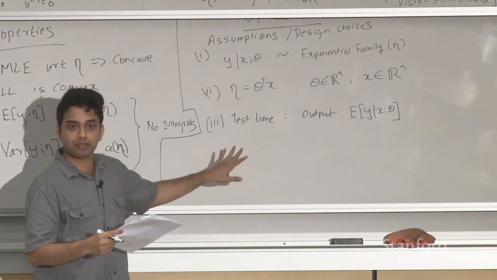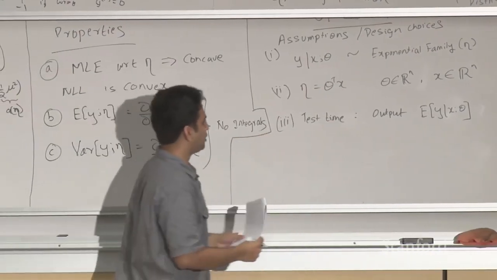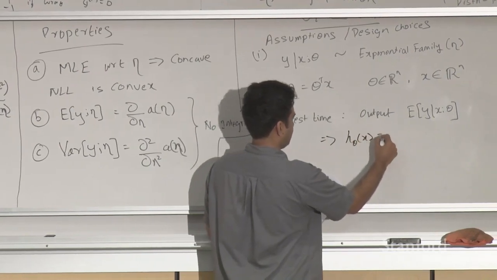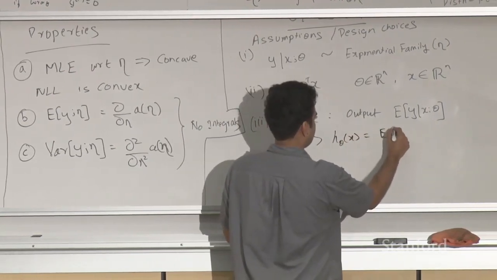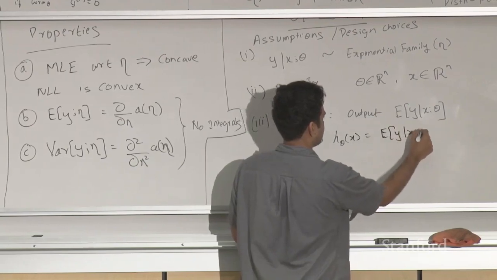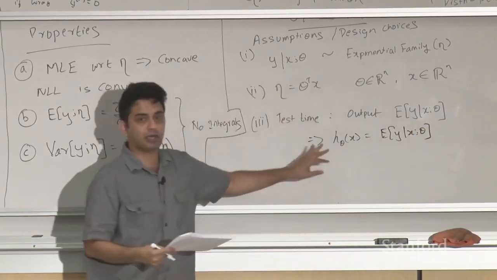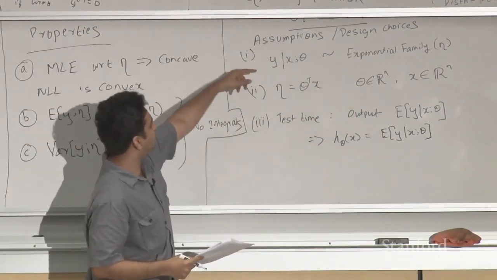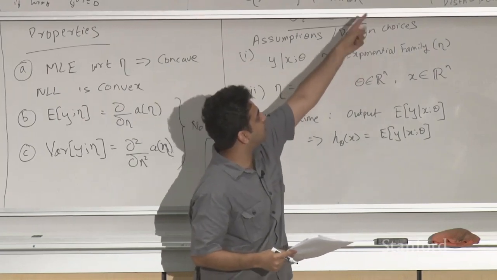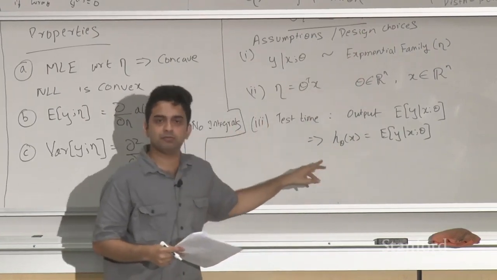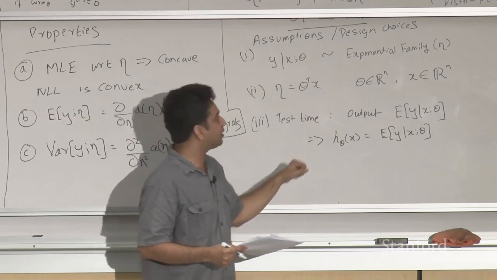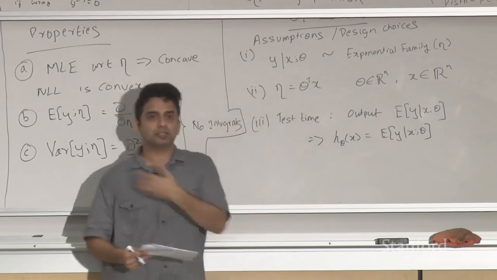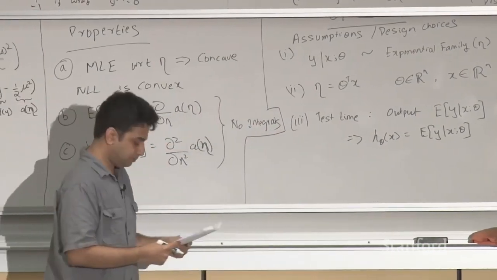This may sound a little abstract, but we're going to make this more clear. So what this essentially means is that the hypothesis function is actually just the expectation of y given x. If you plug in the exponential family as Gaussian, then the hypothesis will be the same Gaussian hypothesis that we saw in linear regression. If we plug in a Bernoulli, then this will turn out to be the same hypothesis that we saw in logistic regression, and so on.